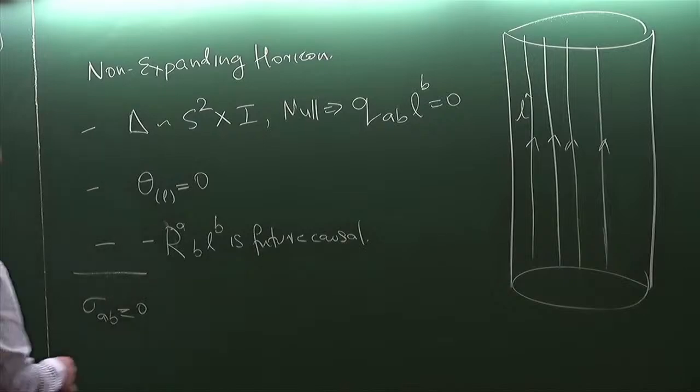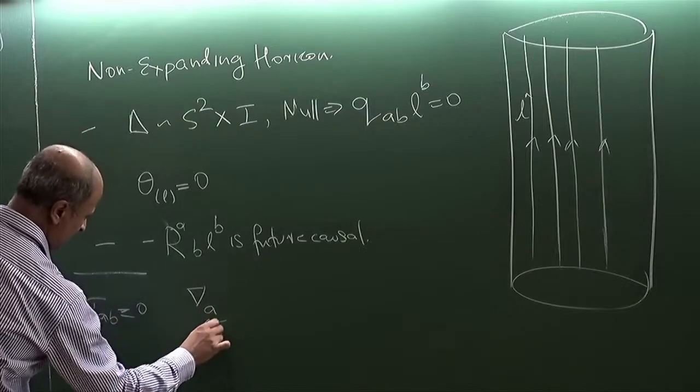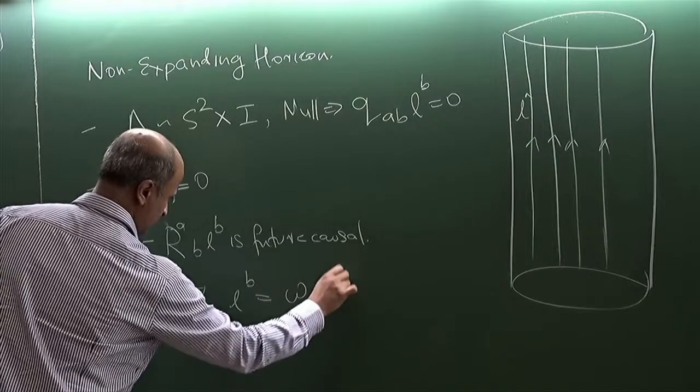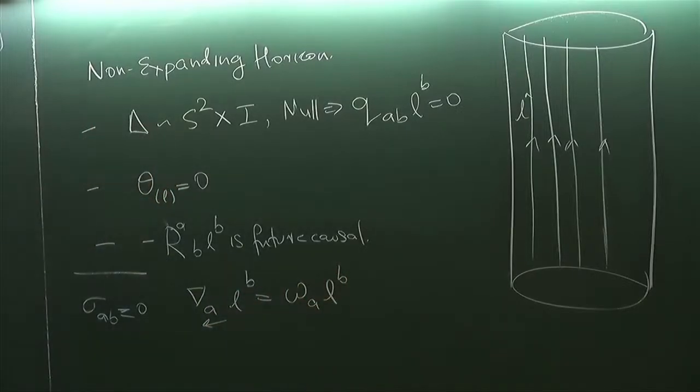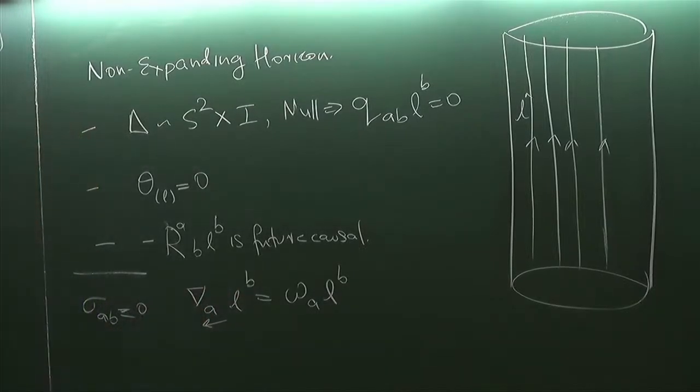And the second thing is the existence of this one-form omega, that is defined in this way. If I take the covariant derivative of L, it turns out to be geodesic. It is shear-free, expansion-free, and twist-free.